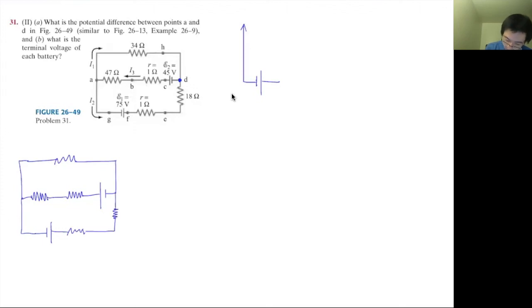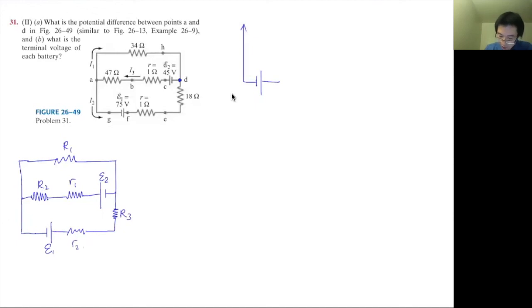I'll work completely with variables first. Epsilon1, R1, R2, R3, R4. There's no difference between little r or capital R, but we'll just use this.